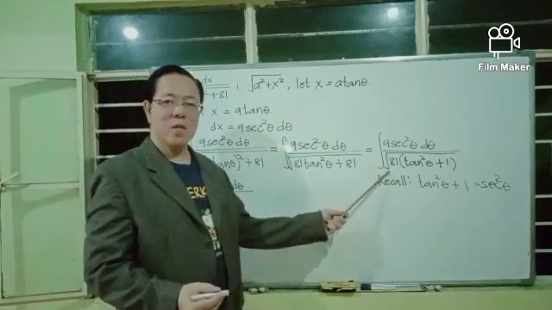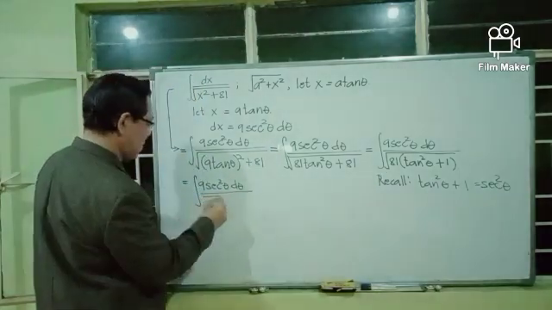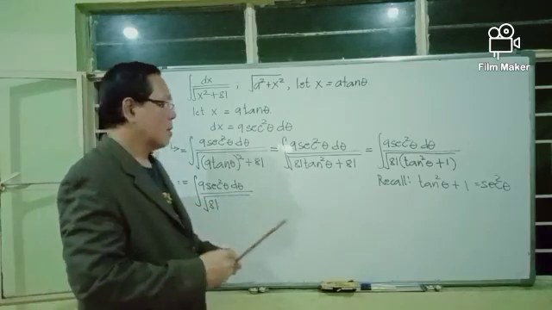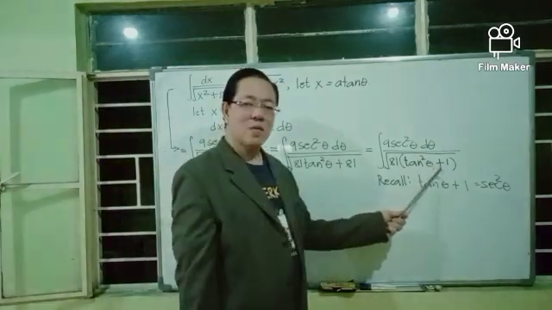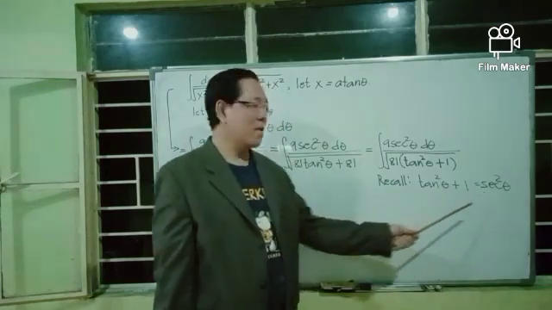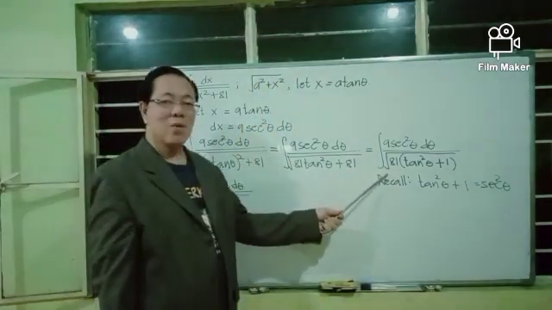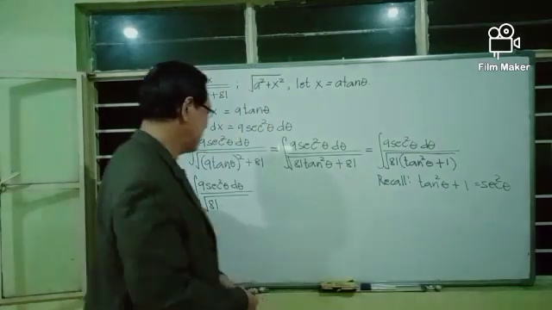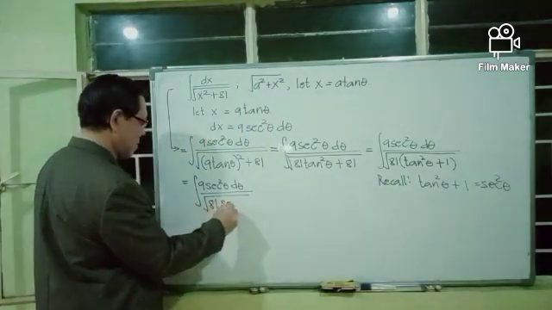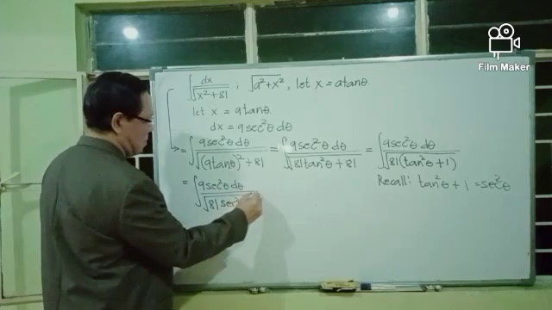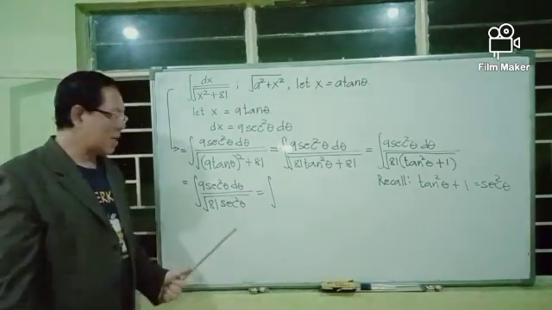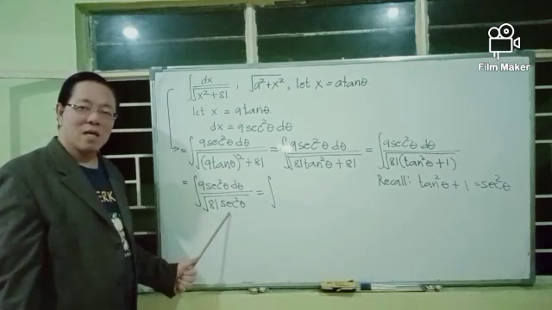Divide by the square root of 81. Tangent squared theta plus 1 is equal to secant squared theta. And this becomes the square root of 81 multiplied by secant squared theta.